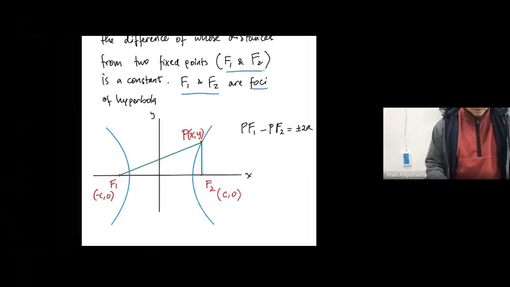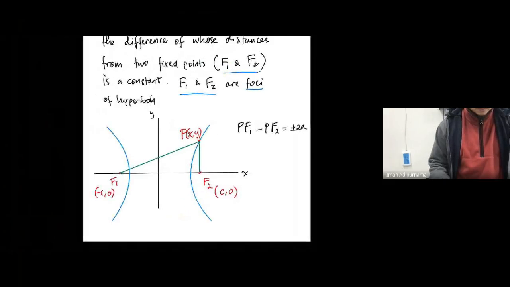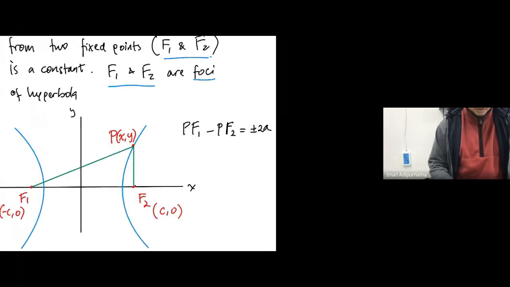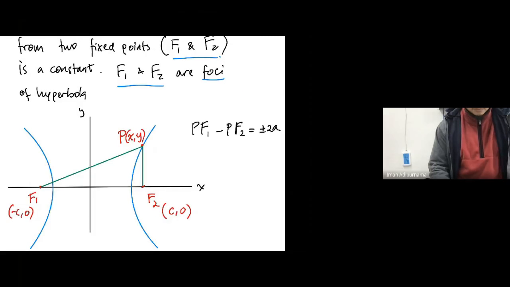So the distance PF1, we can simplify this to the square root of (x plus c) squared plus y squared, minus the other distance, is equal to plus minus 2a.